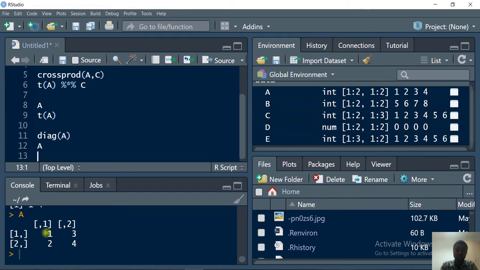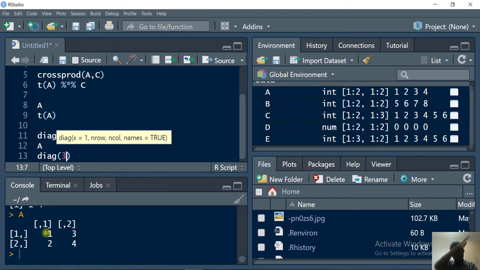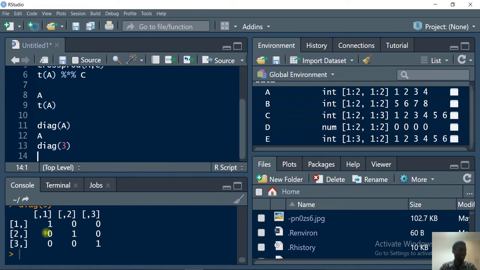So it's also possible, like I said in the previous video, that you can have diag, and then I'm creating a square matrix that has 3 rows and 3 columns, and I want to create a diagonal with 1, 1, 1 on its diagonal. This is also called an identity matrix. So if I run this, I have this identity matrix with 1 all through the diagonal.